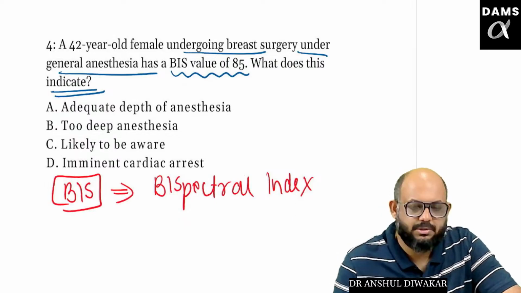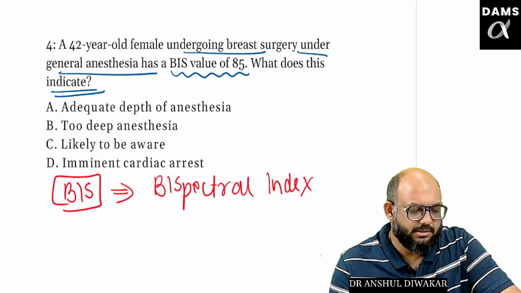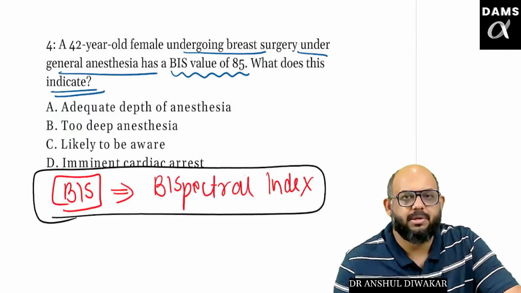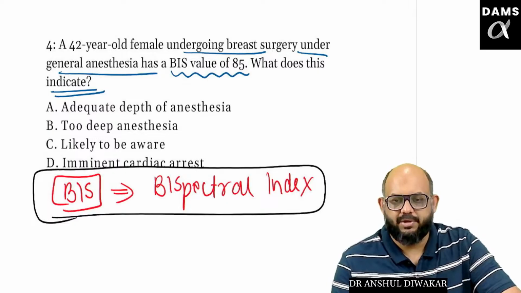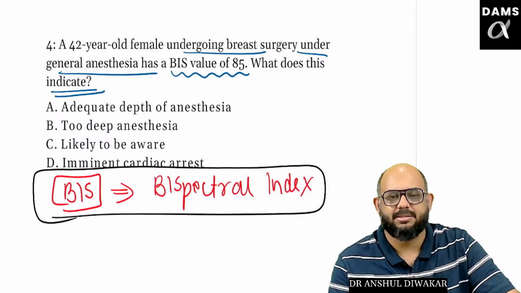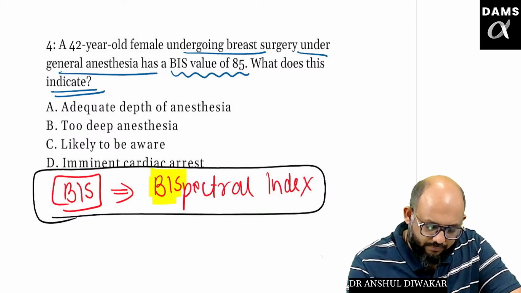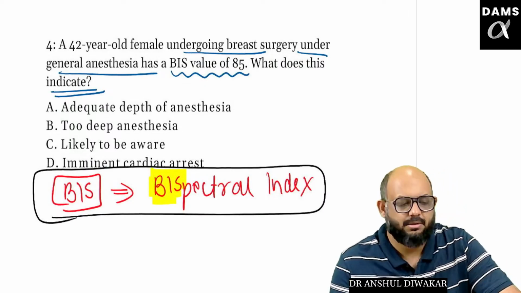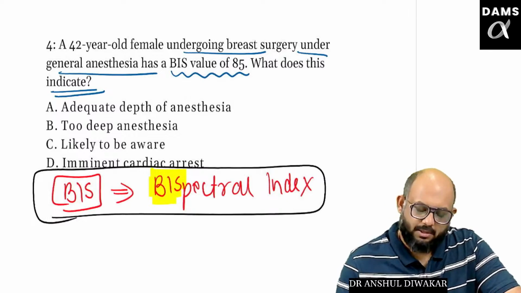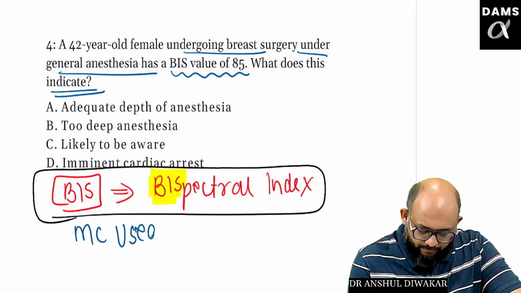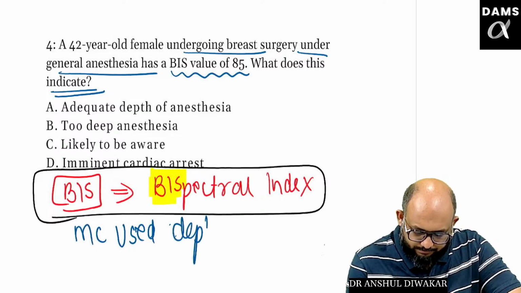Remember, this is not a mnemonic. Sorry, this is not an abbreviation. So there is no BINS. This is the first three letters of the word BIS. And it is the most commonly used depth of anesthesia monitor.